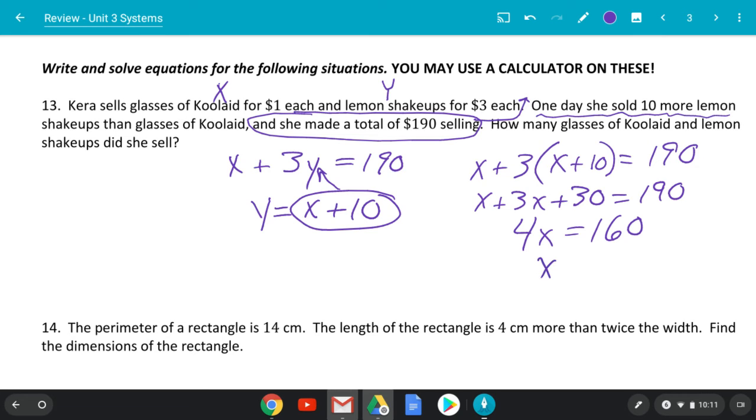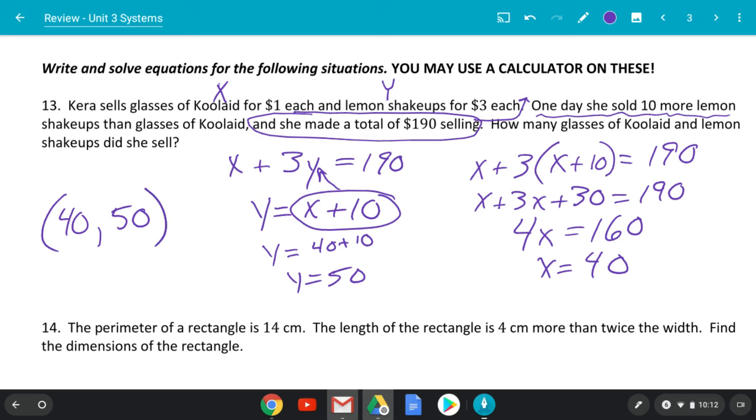Divided by 4, x equals 40. So if x equals 40, y equals 40 plus 10, or 50. So my solution is 40 Kool-Aids and 50 lemon shake-ups. Cool?